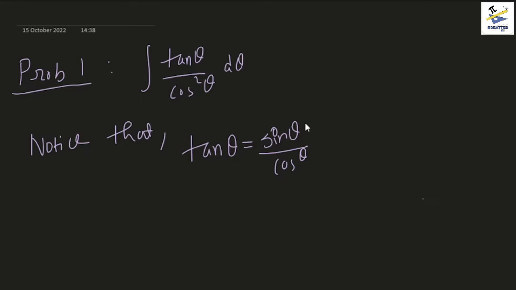Because observe that there is a cos square theta in the denominator, and if we write tan theta as sin theta by cos theta, then there will be a sin theta in the numerator and only cos theta, or some expression of cos theta, in the denominator, right? And the derivative of cos theta is minus sin theta, and the derivative of sin theta is cos theta.